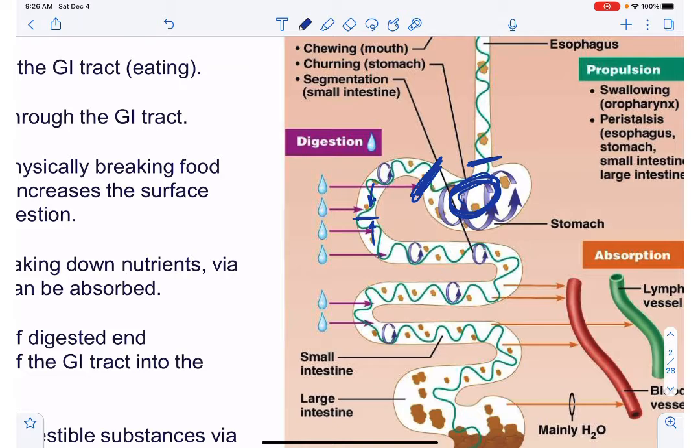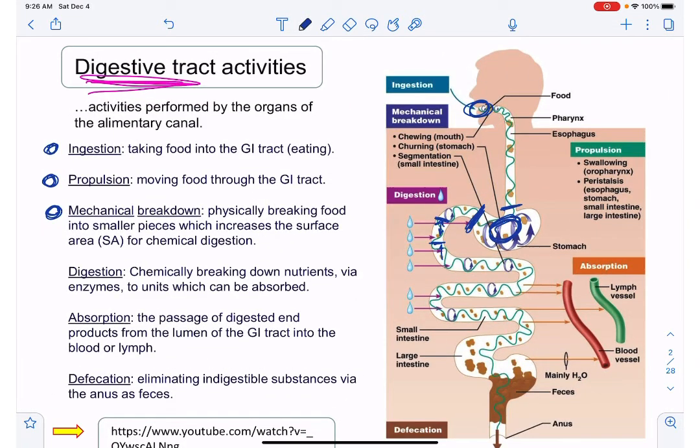Okay, move it this way, pinch it in half, move it that way, pinch it in half. And by doing so, it's going to be mixing it together. It's going to be breaking it down and it's going to be mixing it together. And that specific motion in the small intestine is called segmentation.